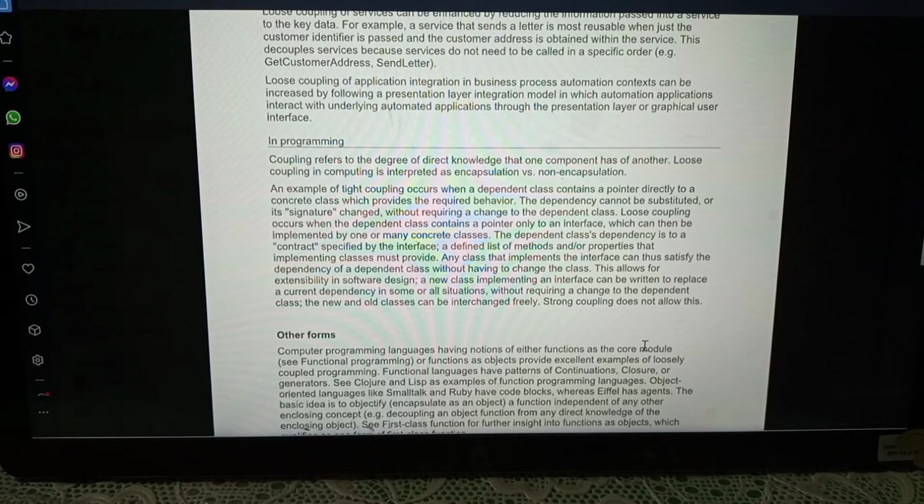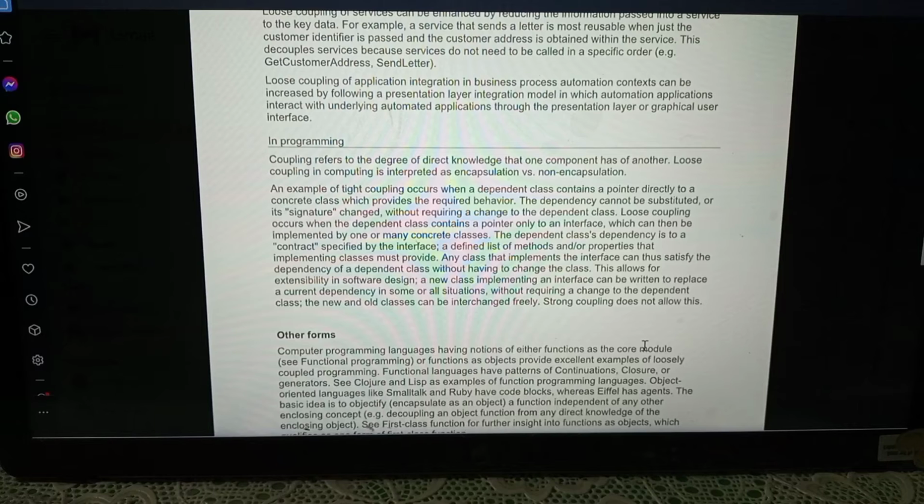The dependent class's dependency is a contract specified by the interface, a defined list of methods and or properties that implementing classes must provide. Any class that implements the interface can thus satisfy the dependency of a dependent class without having to change the class.